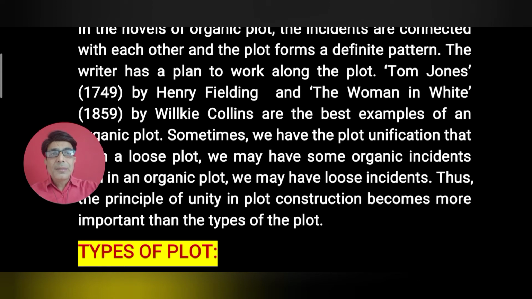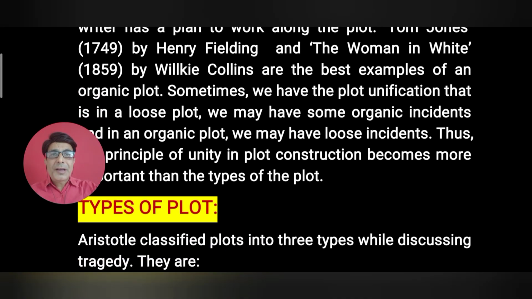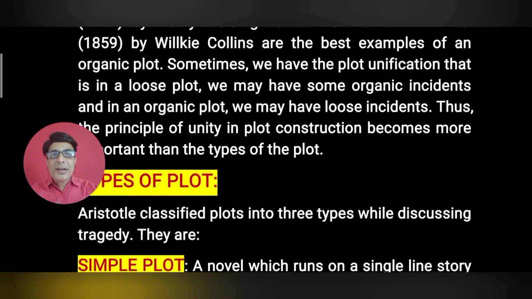Okay, sometimes we have plot unification, that is, in a loose plot we may have some organic incidents, and in an organic plot we may sometimes have loose events also. These two things are actually overlapping. Sometimes in the novels of loose plot, in some events you find some logical connection.